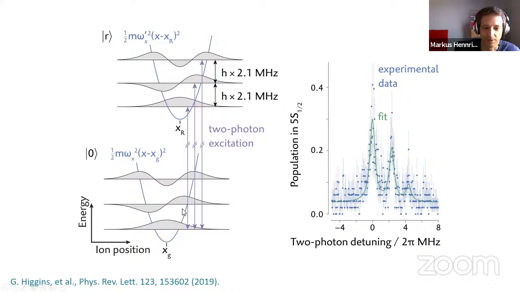Which means if you shift these two potentials with respect to each other, you see a resonance line, but you also see the resonance line going from 0 to 1 and from 0 to 2. These are sidebands in your spectra that appear if you're not perfectly micromotion compensated.